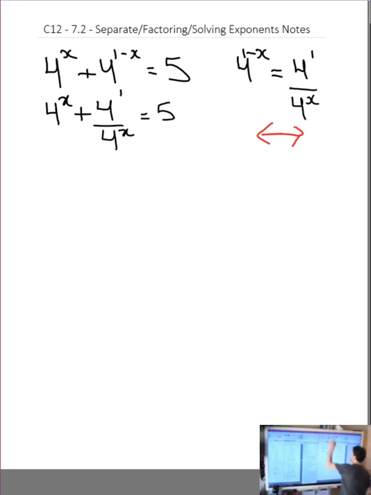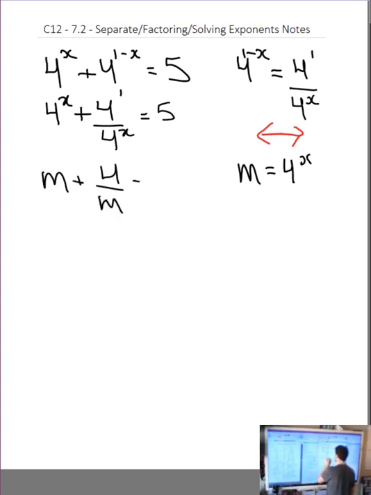Now my funny looking thing is 4 to the x, so I'm going to make m equal to 4 to the x. And then I'm simply going to replace m in for 4 to the x. So m plus 4 over m equals 5. Now we saw in the last question, if we wanted to get rid of a denominator, we times both sides.